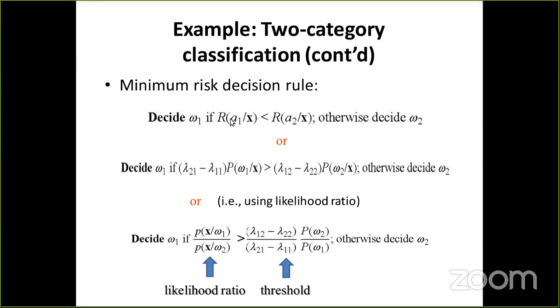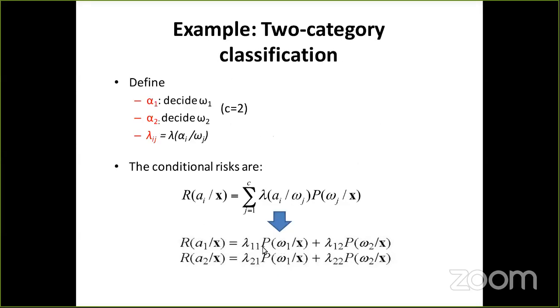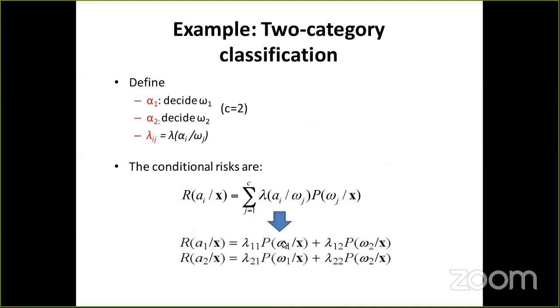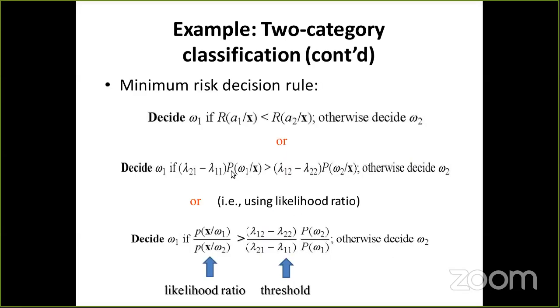In these risk terms, we have already derived the expressions. If you simply manipulate these equations, moving the terms from left to right and right to left, you arrive at this rule. You can use this decision rule so as to minimize your risk.